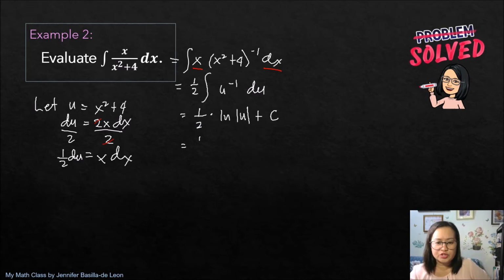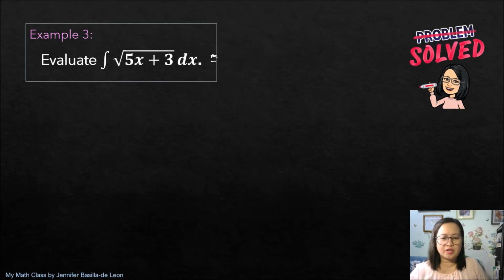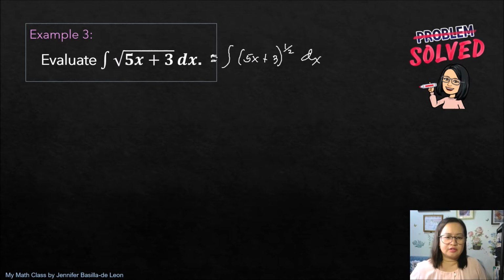Replacing u with the original expression, we will have 1/2 ln of the absolute value of x squared plus 4, plus c. For the third example, we start by rewriting the problem. Instead of a radical expression, we will have an exponential expression. Now we let u be equal to 5x plus 3.